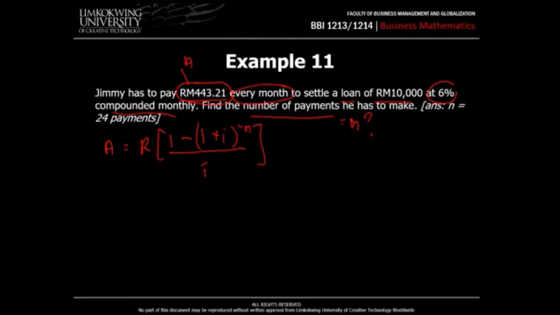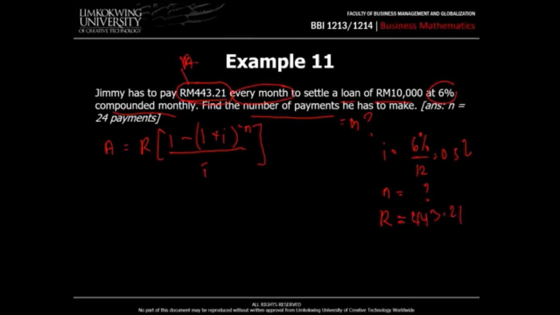Okay, so what is your i? 6%, compounded monthly, so it means 0.5. What is your n? Don't know, we need to find. What is R? 443.21.